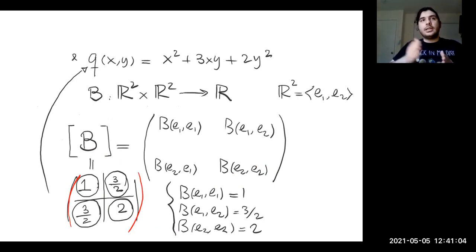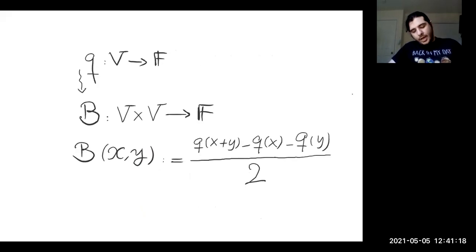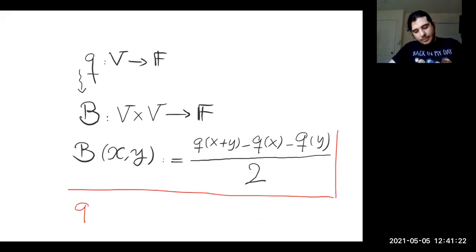The way it is really defined is the way we defined the bilinear form using the quadratic form, or conversely, when we want to define q for any x, we define it to be b of x, x.